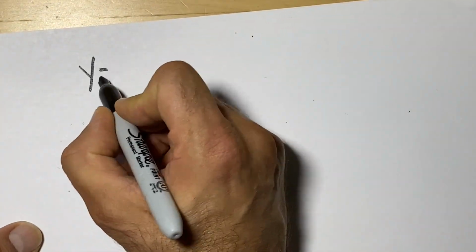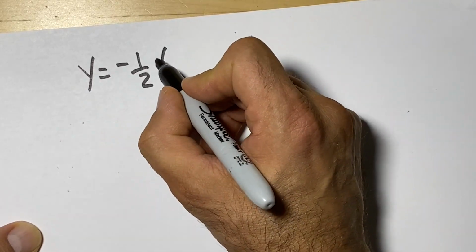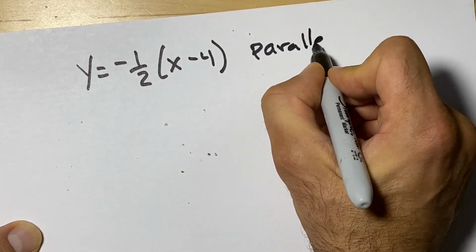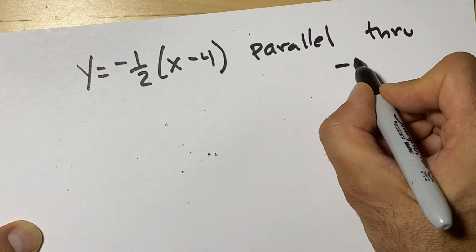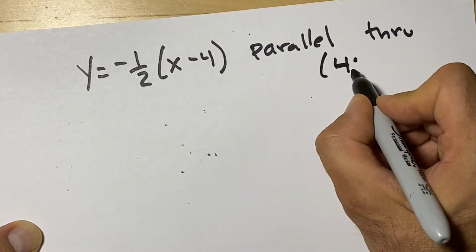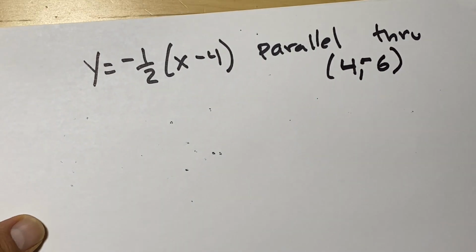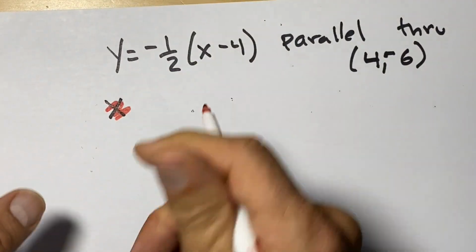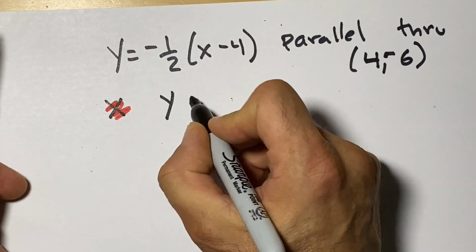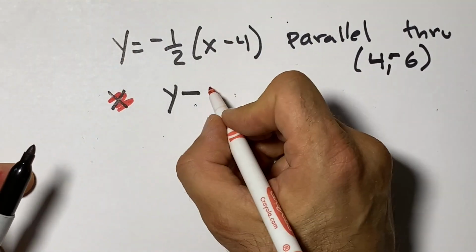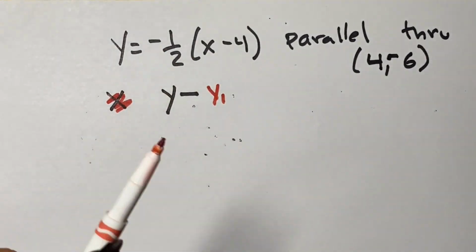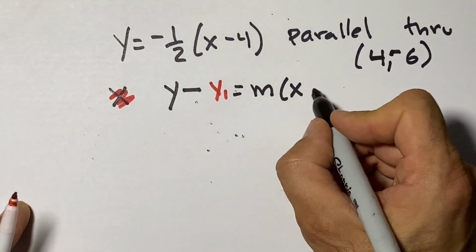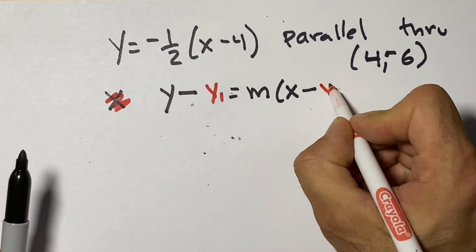We're going to take an equation parallel to this, and passing through the point, let's do a positive for x, 4, -6. So again, we're going to take y minus our y point, we call it y1, and then we're going to set it equal to the slope x minus our new x point.